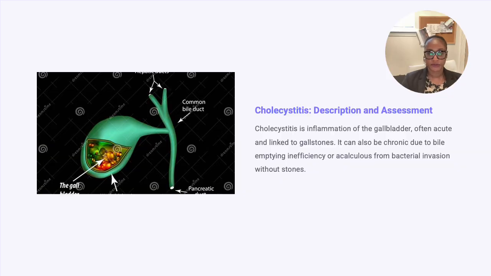Masses palpated in the right upper quadrant. Of course, the Murphy sign: the person will not be able to take a deep breath when the examiner's fingers are passed below the hepatic region because of the pain. You may note elevated temperature. You may note tachycardia and signs of dehydration as well.